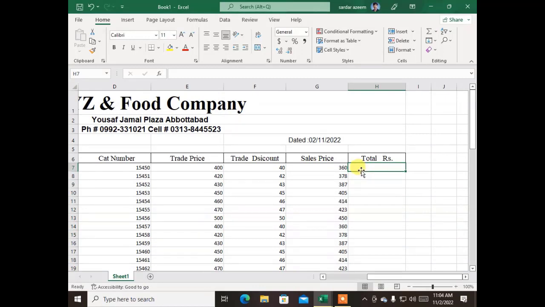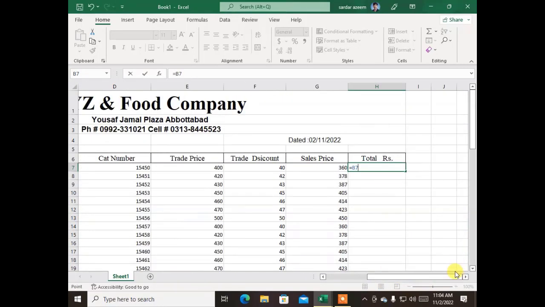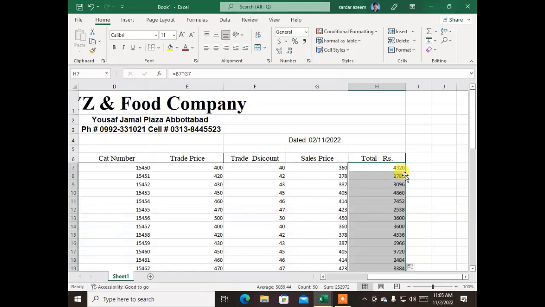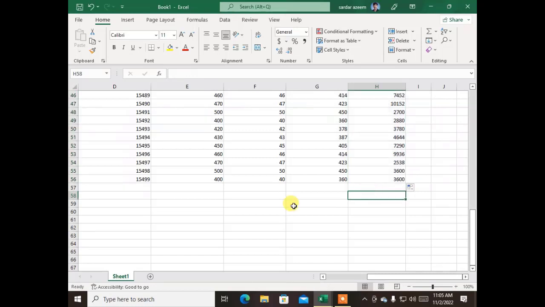The total price is equal to quantity, cell number B7, multiplied by sales price. It is calculated over here. Now we are going to just double click the formula and apply it to the whole 50 products.